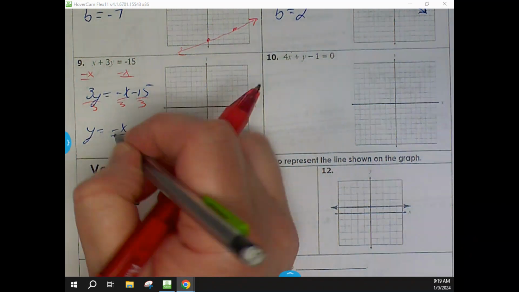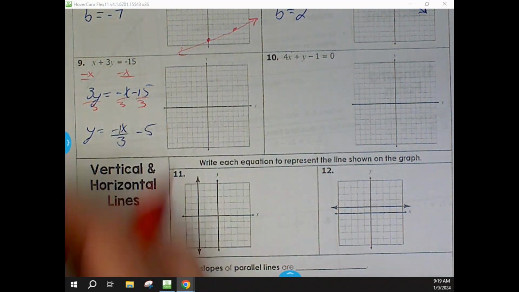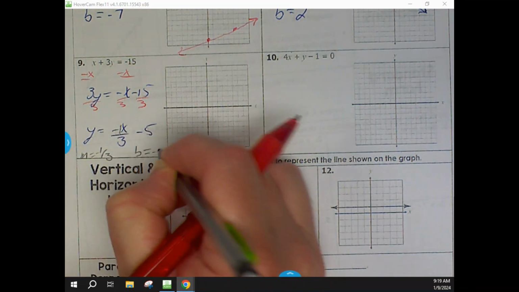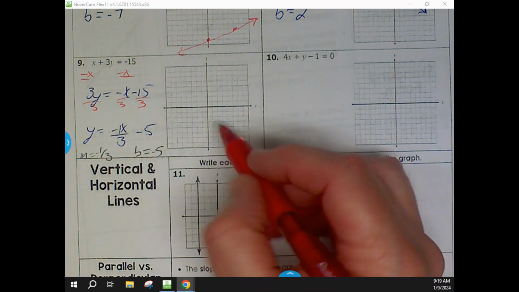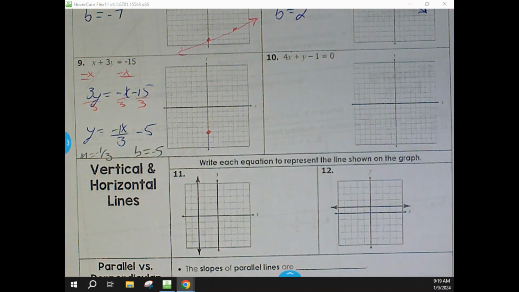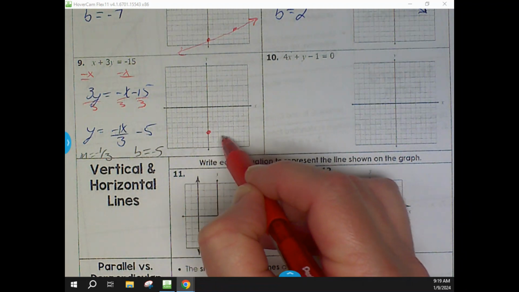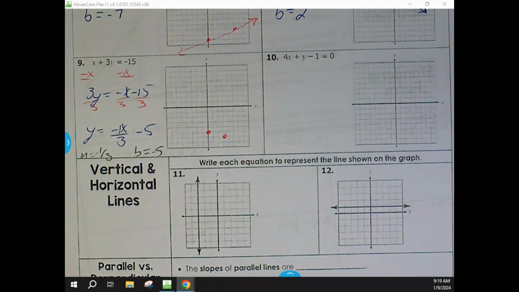And again, if you think about that as being a 1 there, we've got our slope now is negative 1/3, and our b value is at negative 5. So we're going to begin at negative 5, which will put us there. And if we go down 1 over 1, 2, 3, should put us about there.